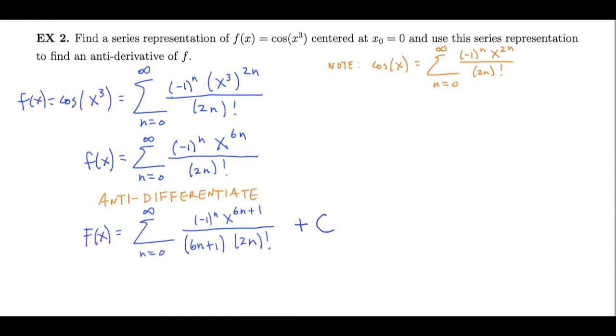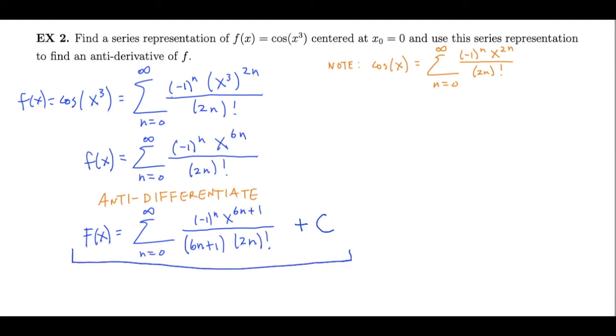I've called that antiderivative capital F, and my original function is simply x to a power. So in order to anti-differentiate that, I have added 1 to the power, and then I've divided by that new exponent, the new power on x. Note that I've also included a constant of integration, because when I anti-differentiate, I know that there could be a constant there.